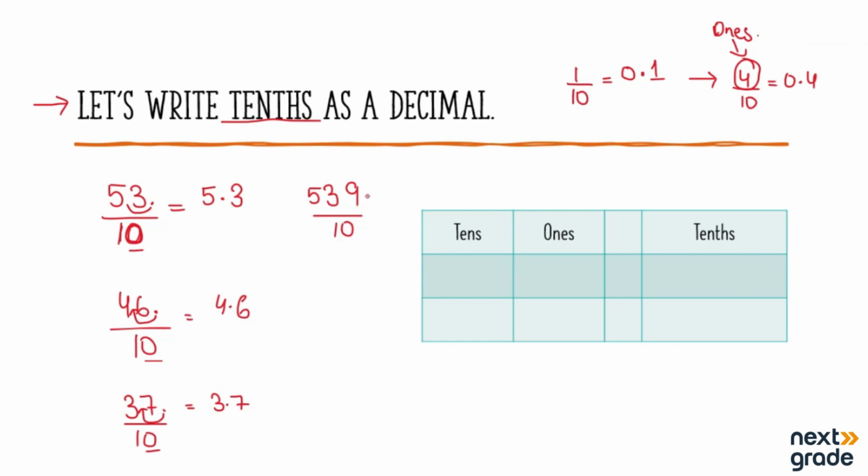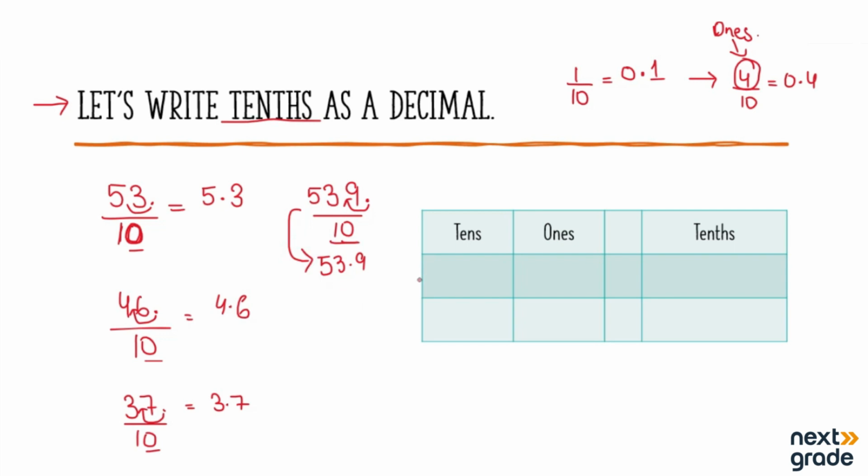So what are you gonna do in this scenario is that the decimal is always on the right side of the whole number part, right? Then you will see what number you have in the denominator. You have 10 in the denominator, that means it has only one 0, so we will move the decimal one digit to the left side. So it is going to be 53.9. This is going to be the decimal number of this fraction.